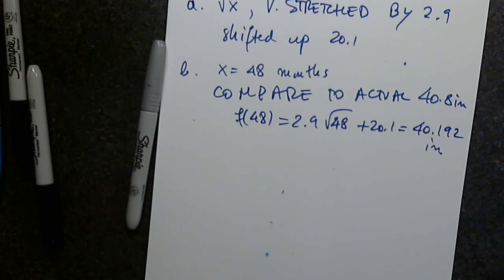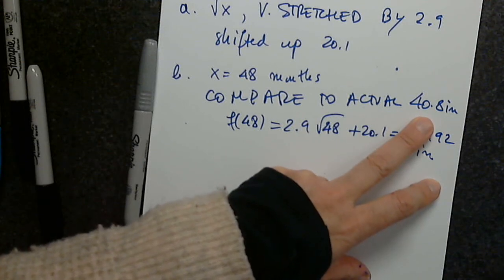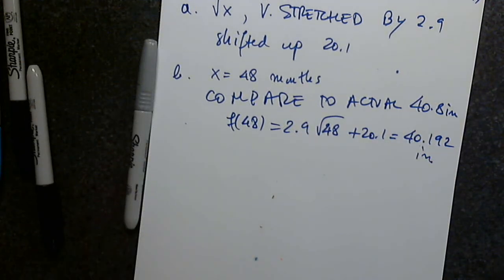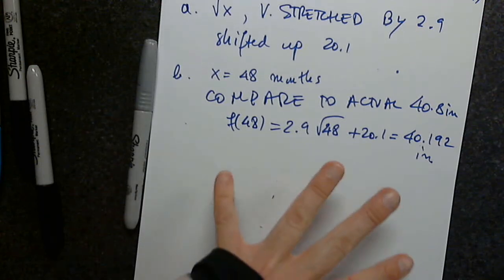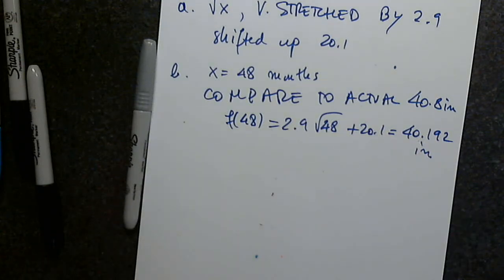Do you consider this a good model? So the actual experimental value came up with 40.8 at 48 months. The model that they came up with gave us 40.192. Are you happy with the answer? Do you think that the model is good enough, at least for 48 months?